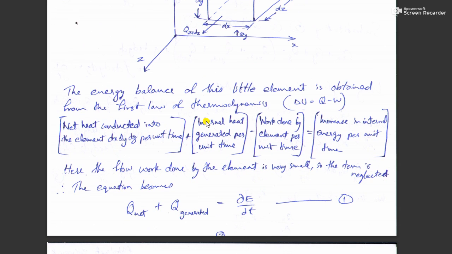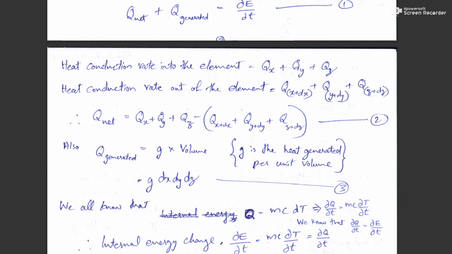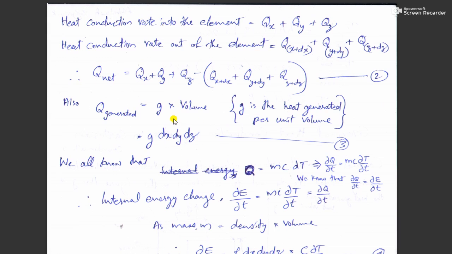To find the internal heat generated for the entire system, we have to multiply by the volume. So Q generated is equal to G into volume. Volume is dx, dy and dz, as we know. So the expression for Q generated is G into dx into dy into dz.